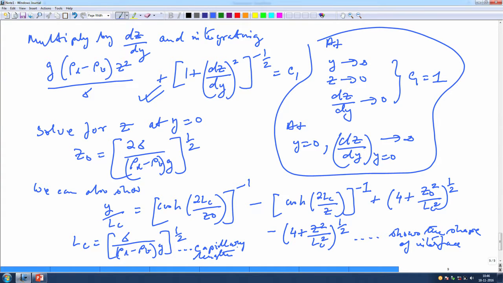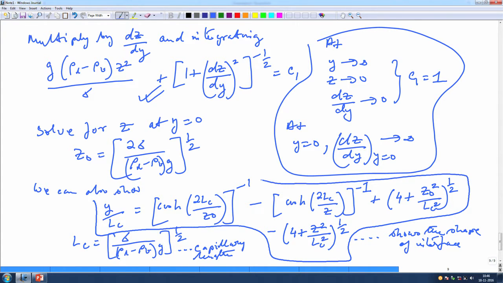If you look at this expression, what does it give you? It tells you how y at the interface is varying as a function of z, at different z's. What is the value of y? That is a functional form, and we have normalized it in terms of the capillary length.